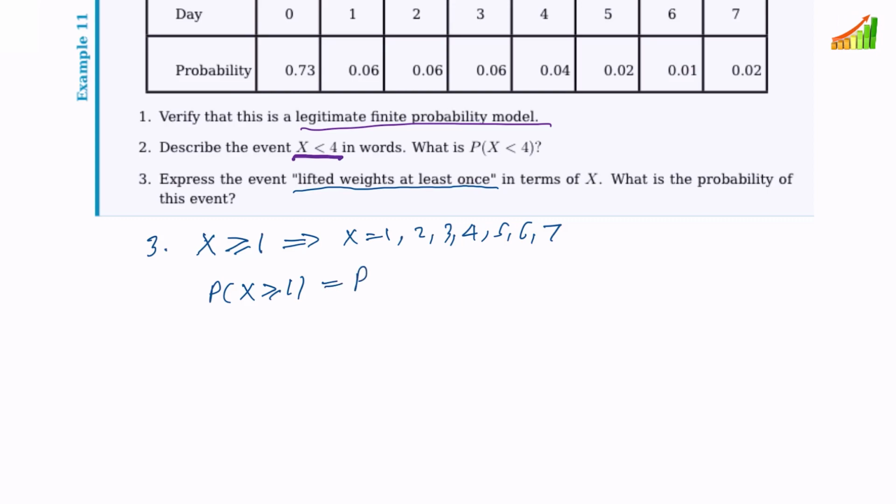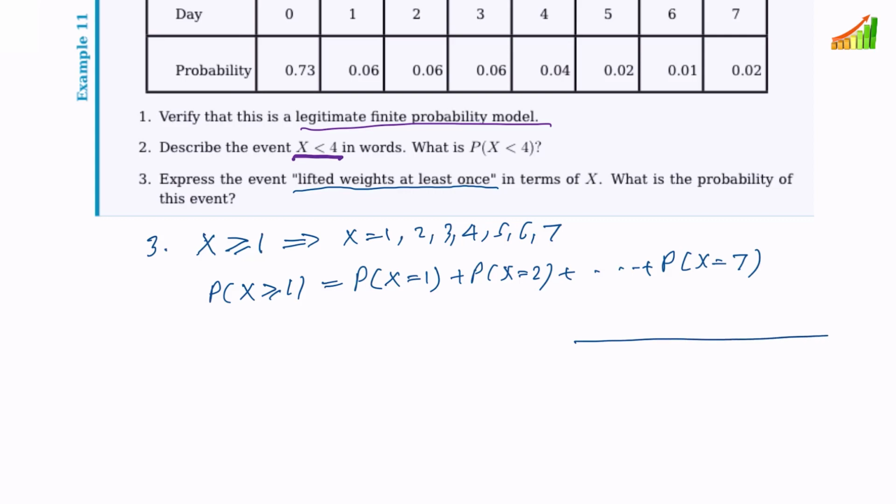We should add all the probabilities of these numbers, right? Probability X equals 1 plus probability X equals 2, and so on, the last one, probability X equals 7. You know, there is another way to find this. How do we do that? We can use the fourth axiom I explained in the last video. That is the complement rule. How do we use the complement rule?